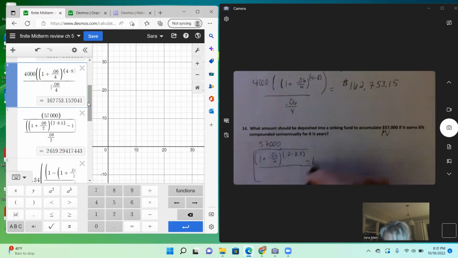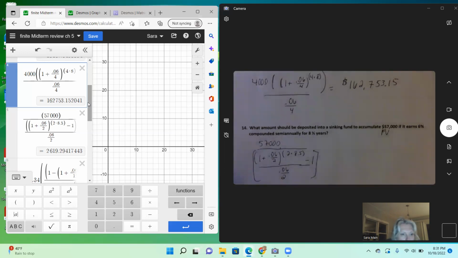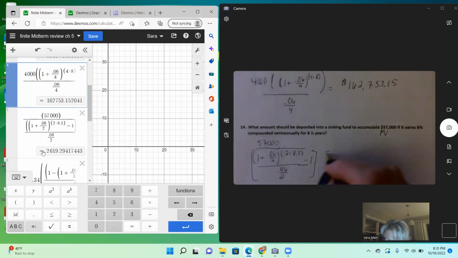And that gets divided by the semi-annual interest rate. And that comes out to be, I would need to do payments of $2,619.29 twice a year.